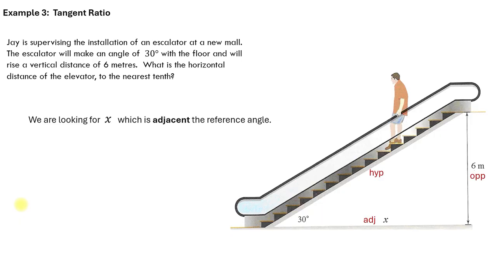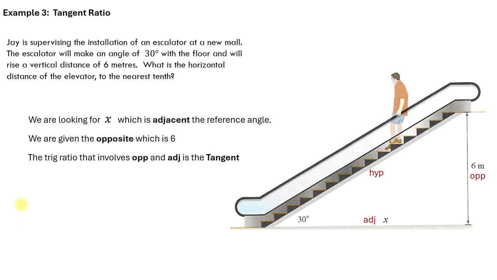We are looking for x, which is the adjacent, and we're given the opposite, which is 6. So adjacent and opposite deals with tangents. So we can state that the tangent of our reference angle, the tangent of 30, equals 6 over x.